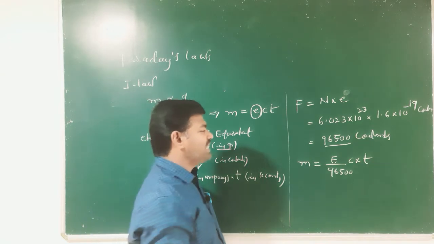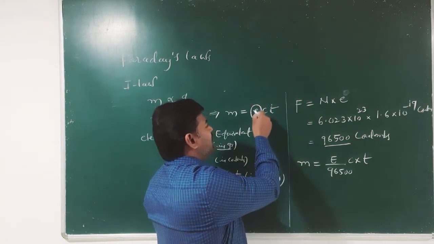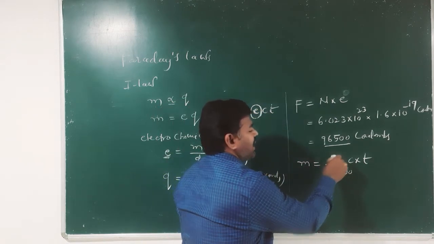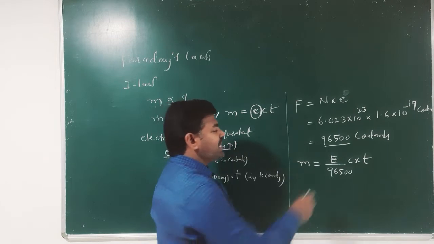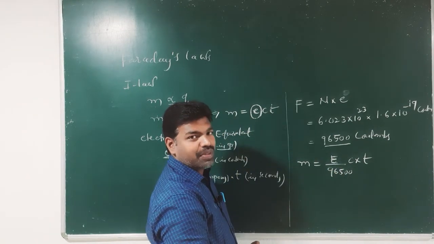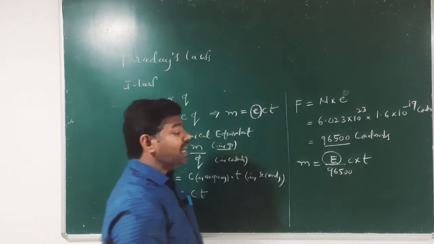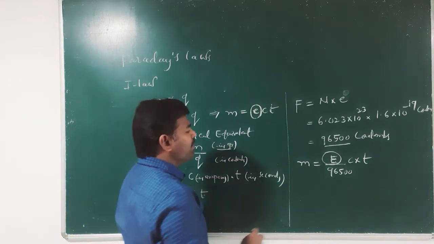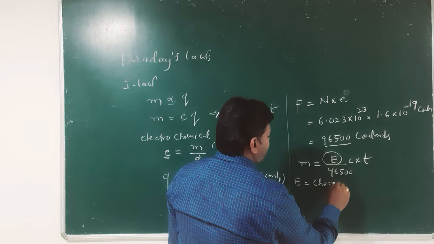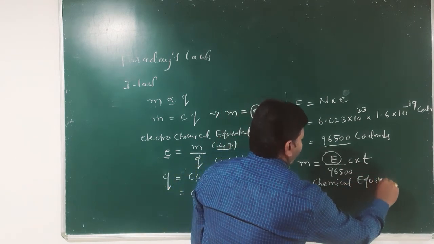So we replace the electrochemical equivalent with E by 96,500, where E is called the chemical equivalent.